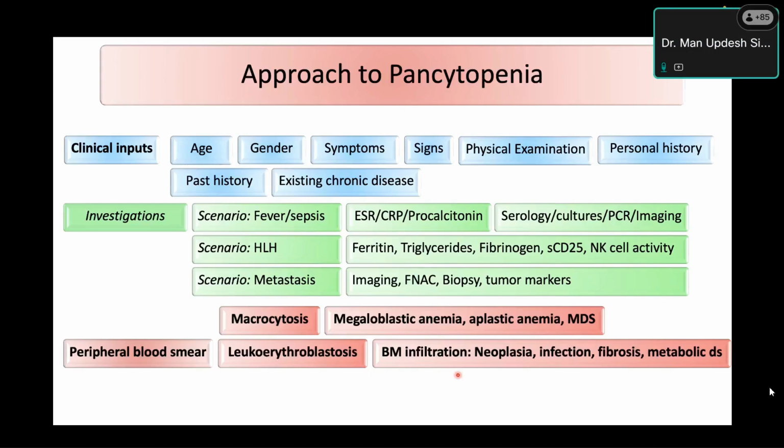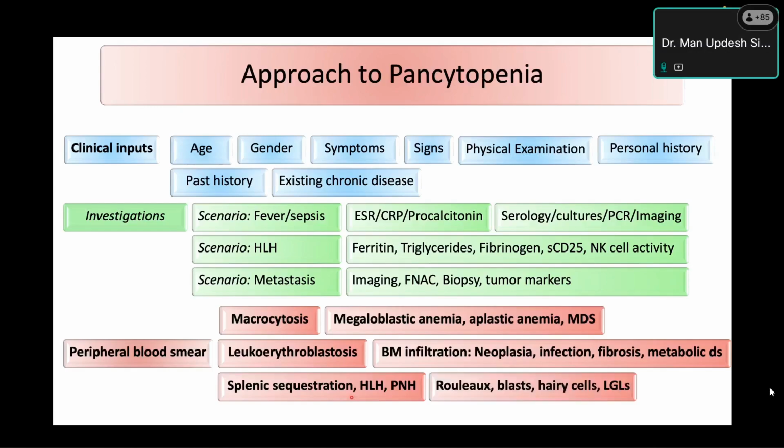If it's leukoerythroblastic, you are trying to find conditions which can cause leukoerythroblastosis: some malignancy, infections, fibrosis, splenic sequestration with pancytopenia, HLH, PNH. These are disorders which can cause pancytopenia in peripheral blood. Again, a mixture of some neoplastic disorders.